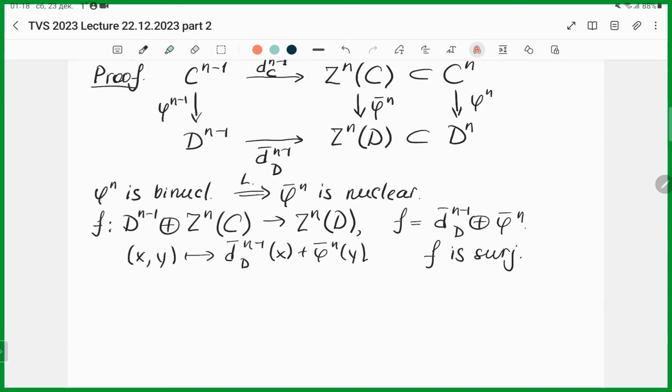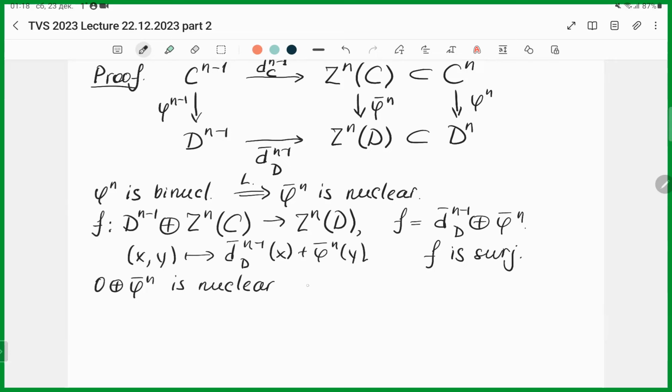And now we consider a nuclear perturbation of F. And where is the nuclear perturbation? Here it is: 0 plus phi n bar acts between the same spaces. And it is obviously nuclear, because phi n bar is nuclear.